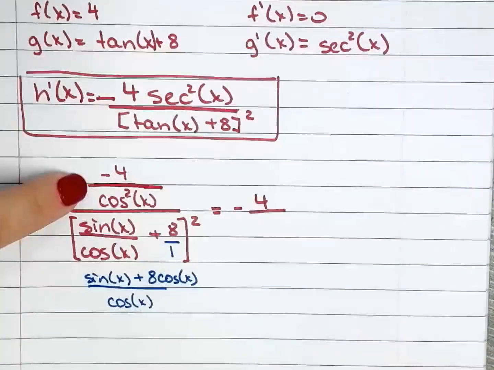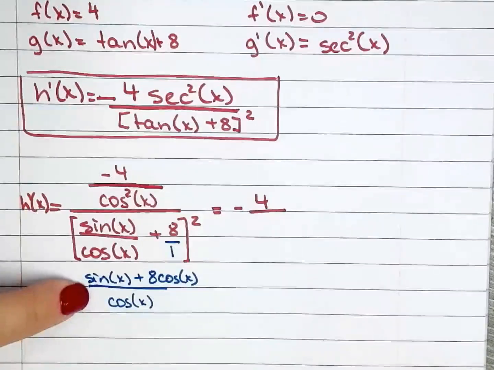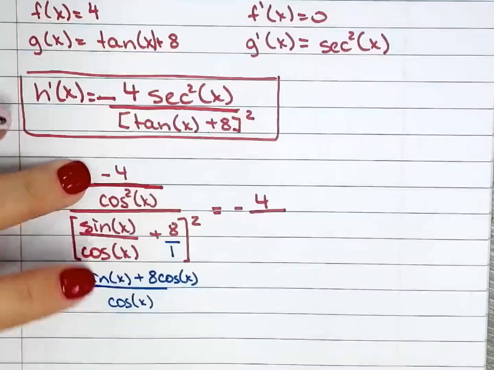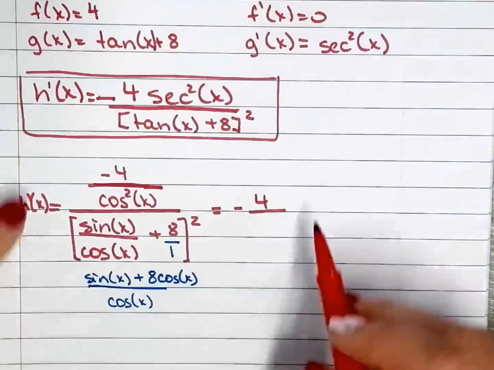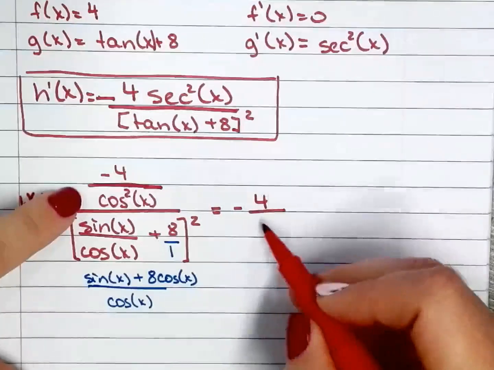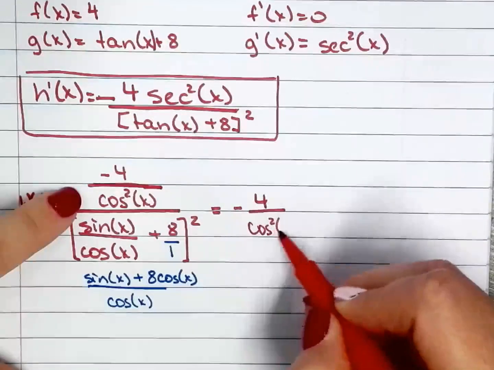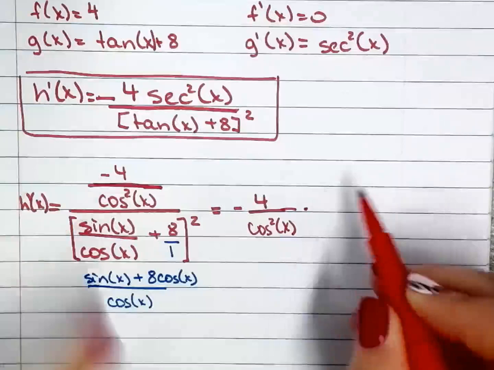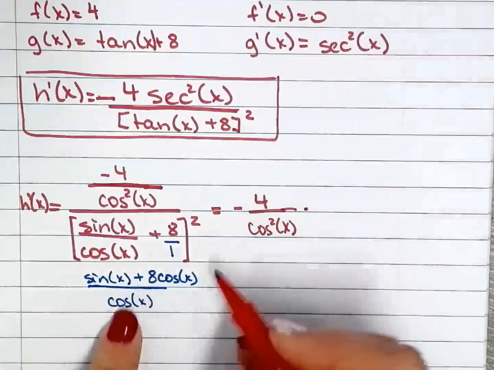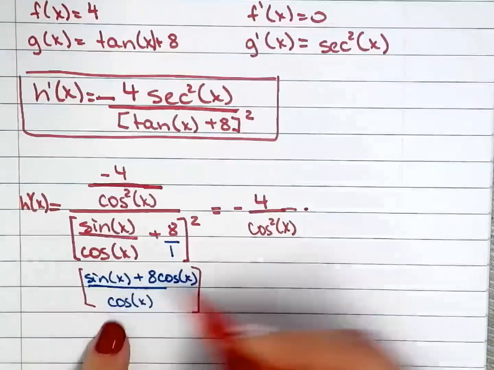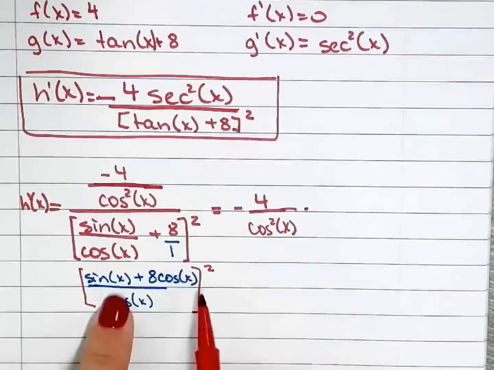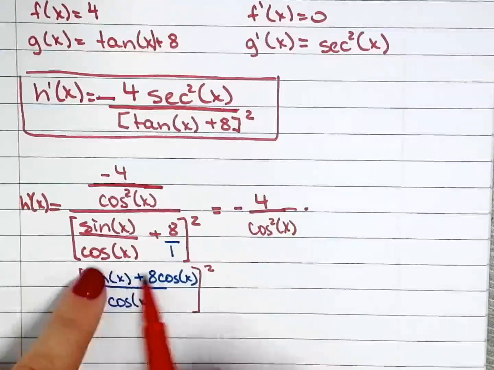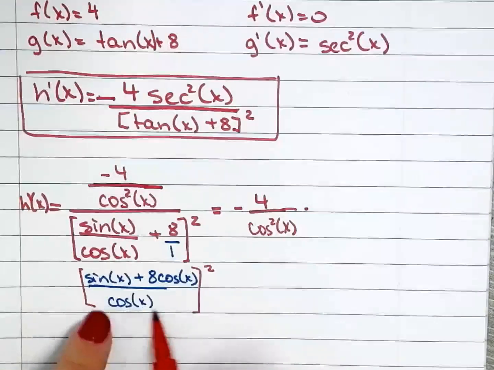So I have a fraction divided by another fraction. When I have a fraction divided by another fraction, it's the same as if I multiply by the reciprocal. So negative 4 over cosine squared of x times the reciprocal of this, and this is all squared. When I have all of this squared, it means I have the numerator squared, I have the denominator squared.